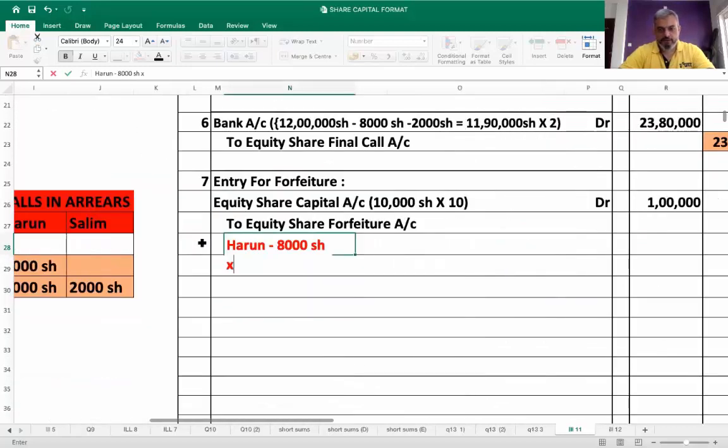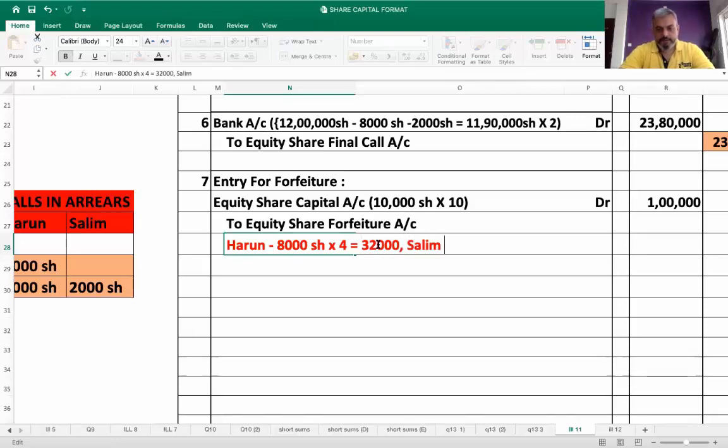Harun paid only 4 per share. So into 4, which is equal to 32,000.